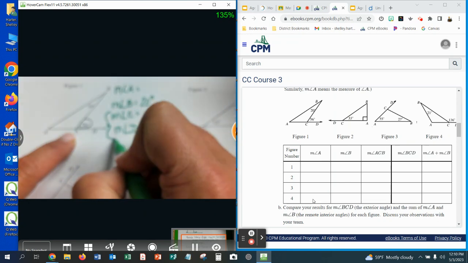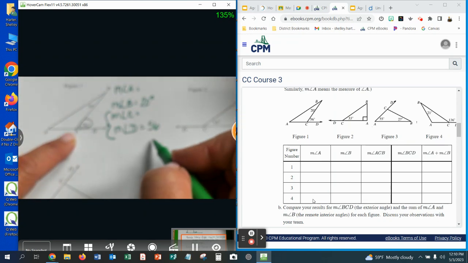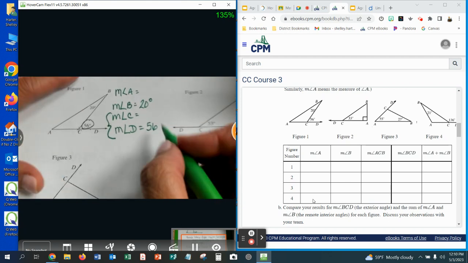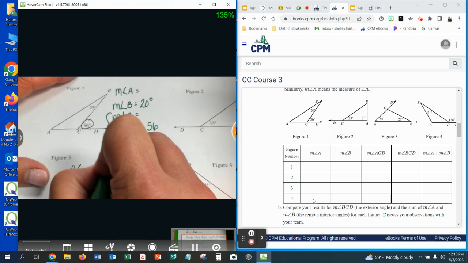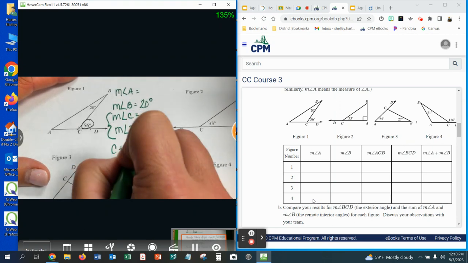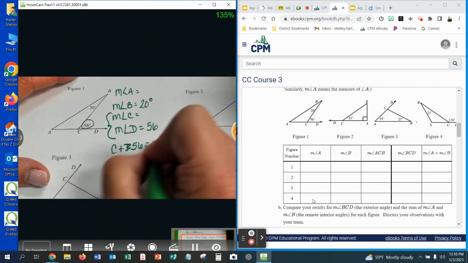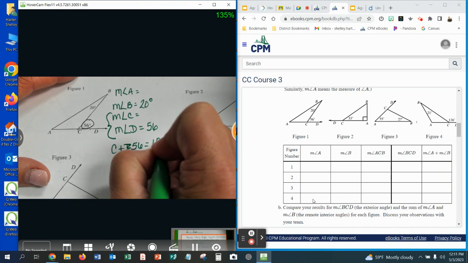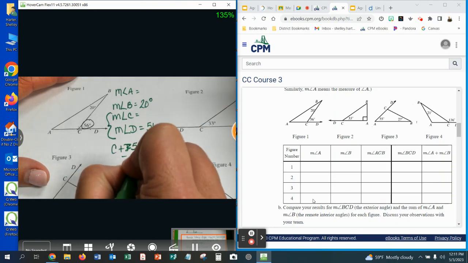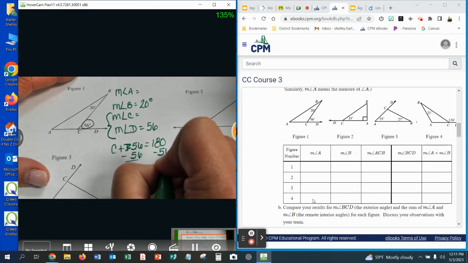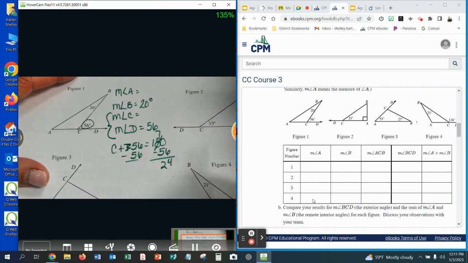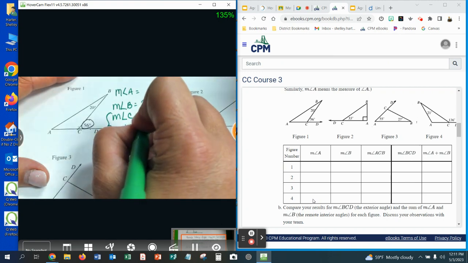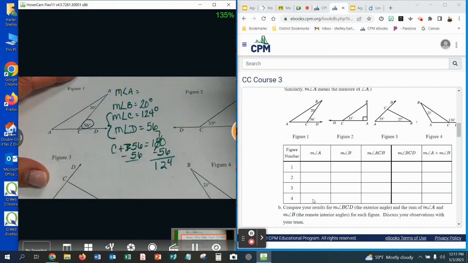So C plus D, or 56 degrees, equals 180. I'm going to subtract 56 from both sides. So C is going to be 124 degrees.